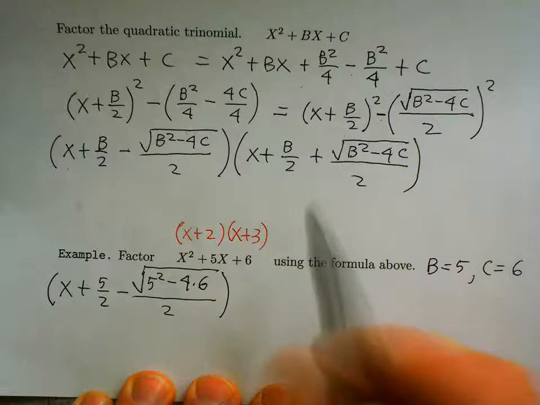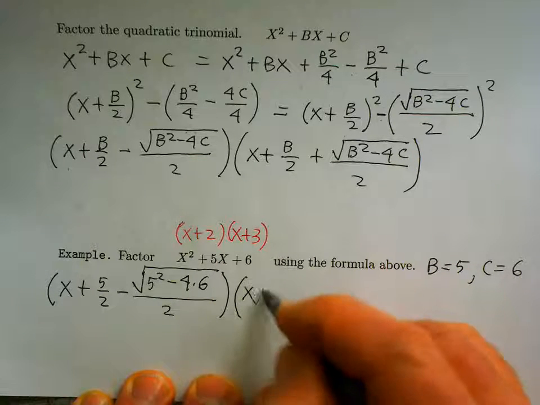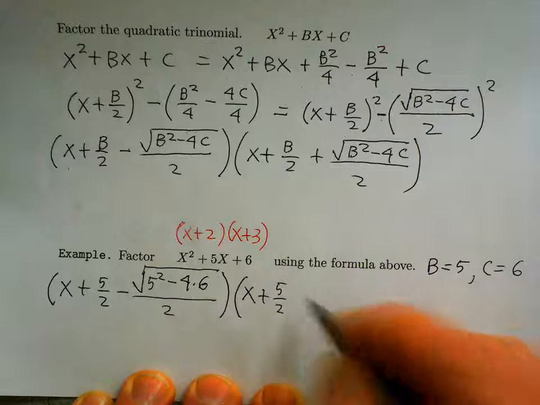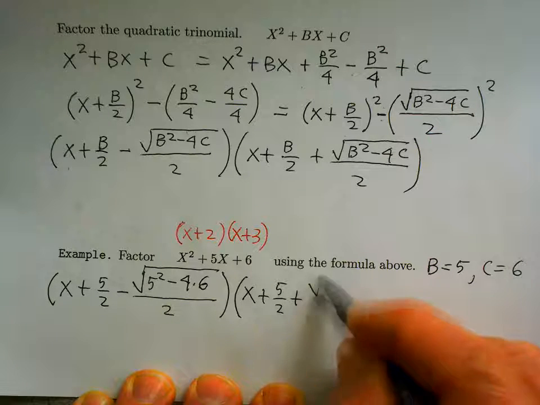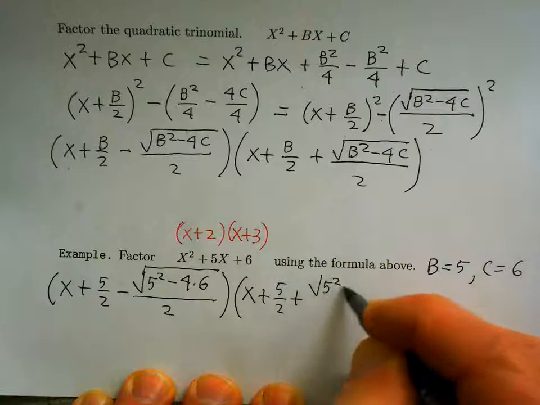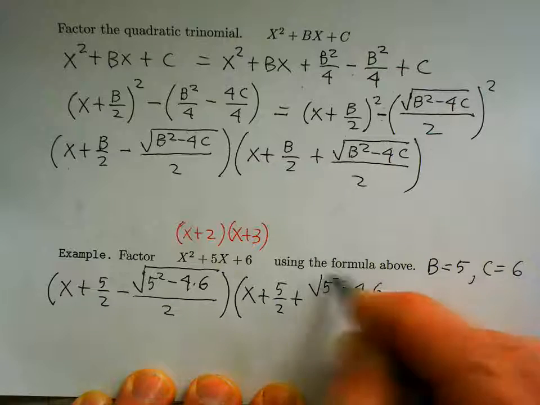And then in the other factor, we have x + 5/2 plus the square root of 5² − 4 times 6 over 2.